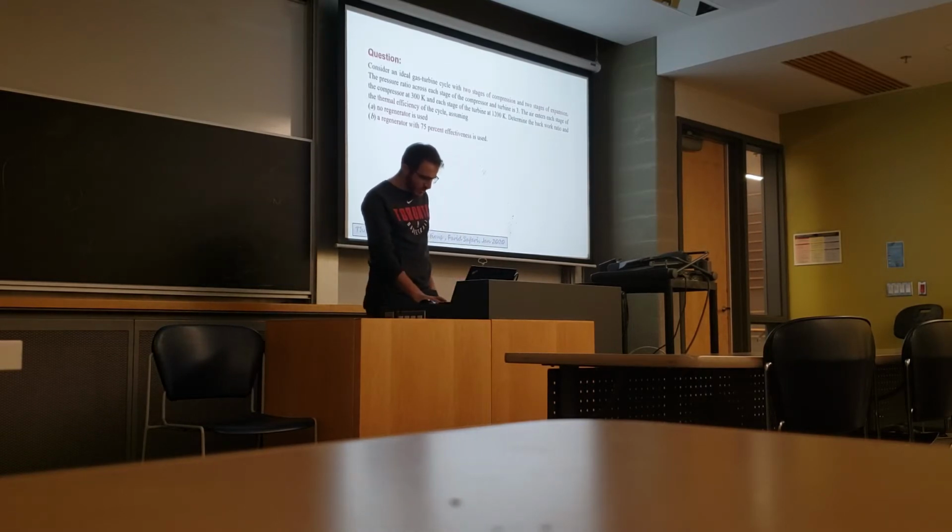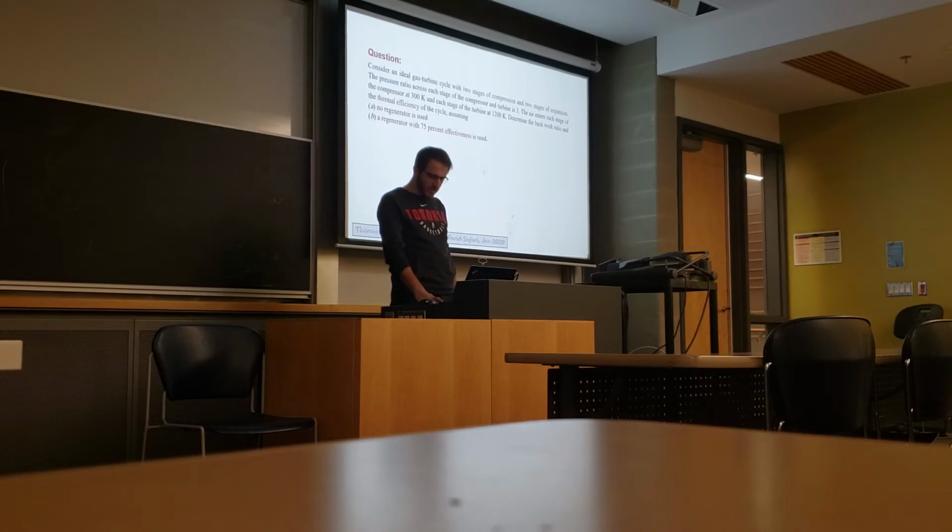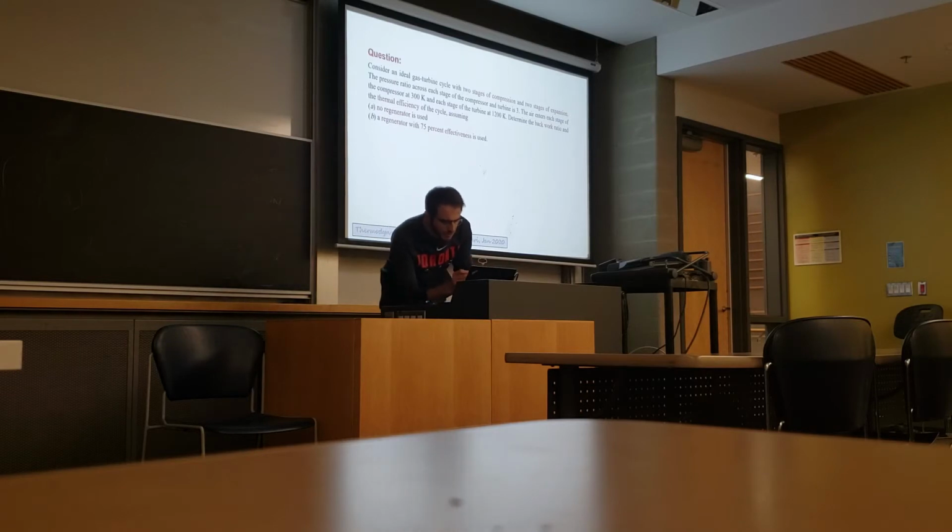The pressure ratio across each stage of the compressor and turbine is 3, meaning that the air is compressed in the first stage 3 times and then again 3 times in the second stage, and air enters each stage of the compressor at 300 Kelvin and each stage of turbine at 1200 Kelvin. Determine the back work ratio.